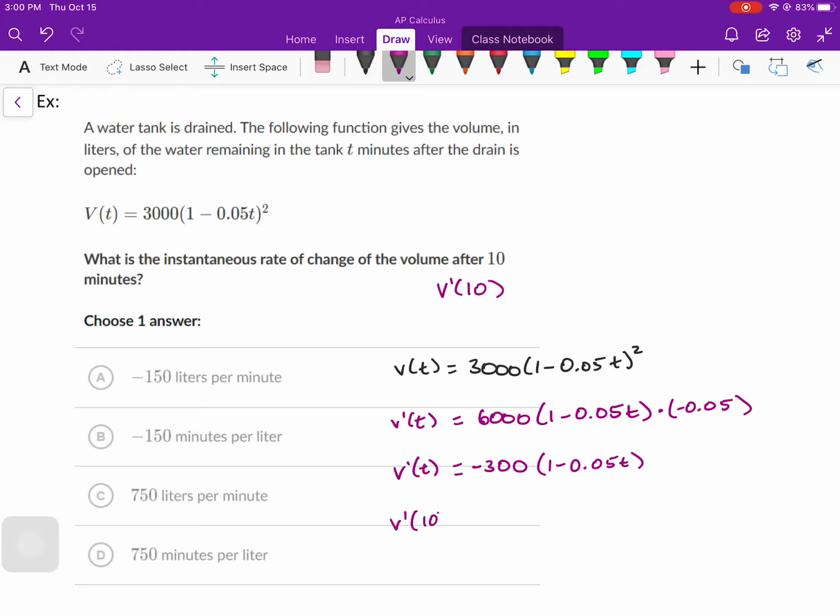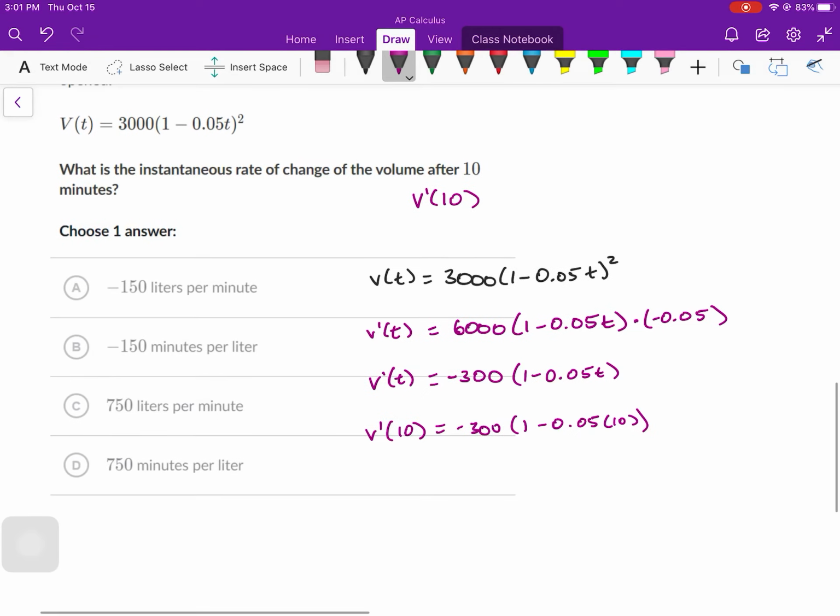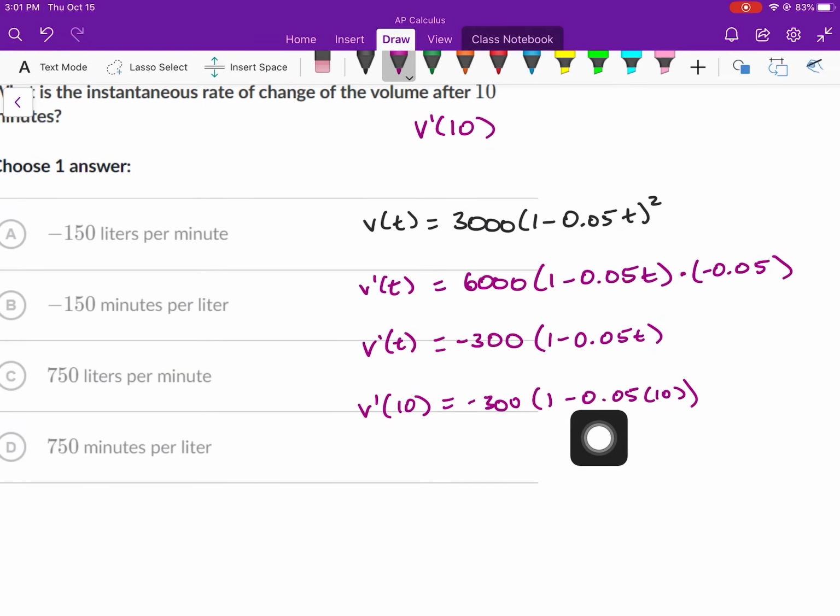So then V prime of 10, I know my dad would be proud of me with my mental math. Usually not so good with mental math. That's what calculators are for. So we get 1 minus 0.5, negative 300 times that. You can already see that's going to be half of 300, which is negative 150.